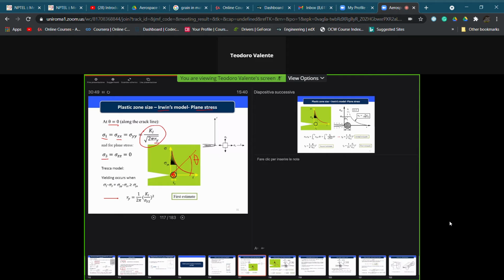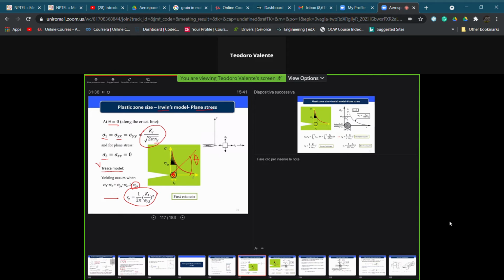And then, remembering one of the resistance criteria which we can apply to ductile materials, like the Tresca model, we know that according to the Tresca model, yielding is going to occur when the difference between the two principal directions, 1 and 3, that is, in this case specifically, y and z, or x and z, y being equal to x in terms of stress, is at least equal to the yielding strength of the material itself.